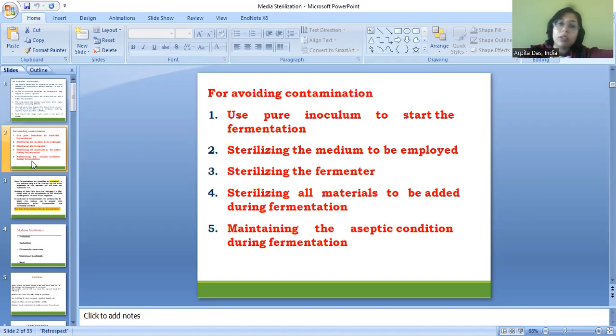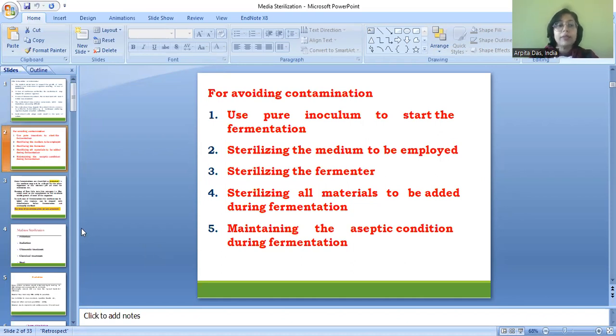Now, pure inoculum we are supposed to produce using those strain improvement methods. Next, sterilization of the media to be employed. We are supposed to utilize certain methods. It's not that autoclaving will work always. So we utilize methods which include filtration, heating, X-ray, gamma ray, those kinds of ionic rays can be utilized as one of the sterilizing agents.